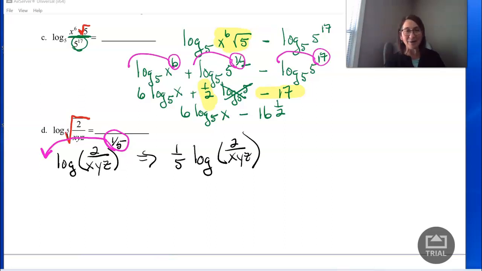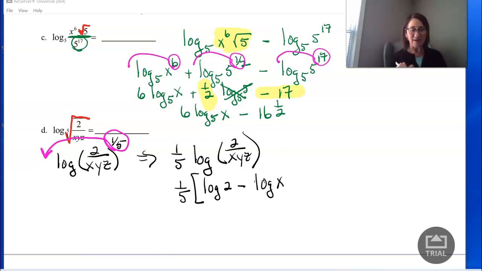All right, now I can do my expansion. So this is going to be 1/5, but watch what I do. I'm going to put a square bracket in order when I do my expansion. So this will be log 2 minus log x.